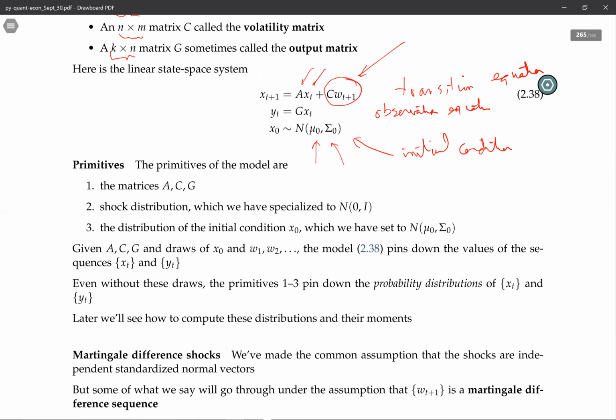To specify a state space system, you have to give me this triple of matrices, A, C, and G, and you've got to check that the dimensions are what I told you. I have to give you a shock distribution, and I have to tell you about the initial condition. That's it. So I take these primitives, and what can we get from those?